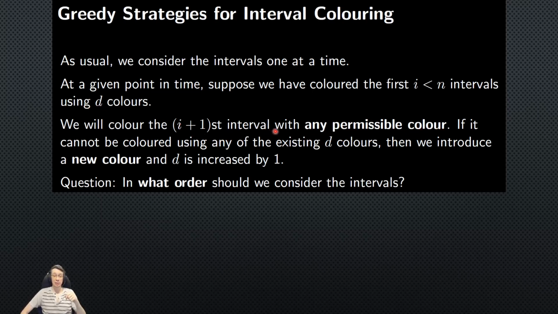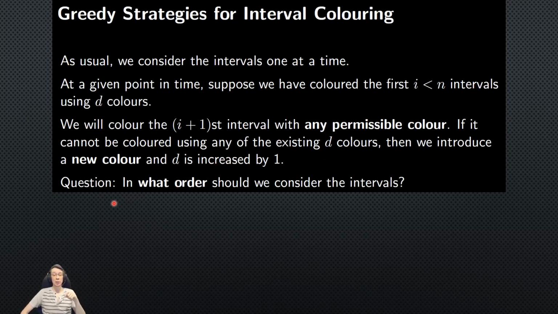We have D colors. If there's any color such that this I plus 1th interval doesn't overlap another interval with that color, we'll use that one. If we can't use any of those existing D colors, we have no choice but to introduce a new color, and so D is going to be increased by 1.